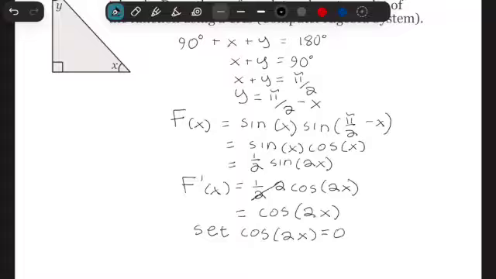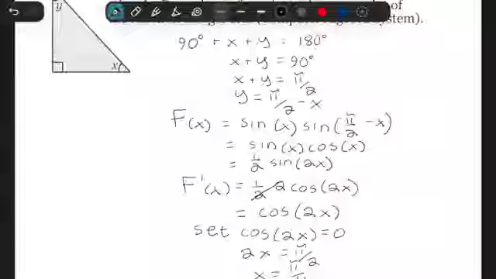That would be at pi over 2. So we have 2x equals pi over 2. And then solving, we get x equals pi over 4.